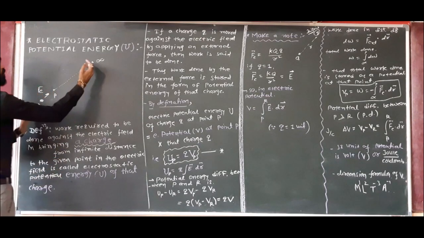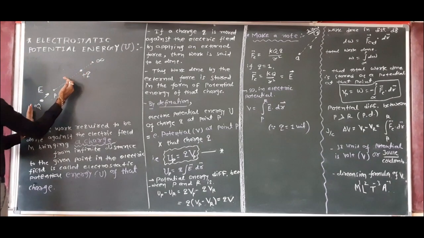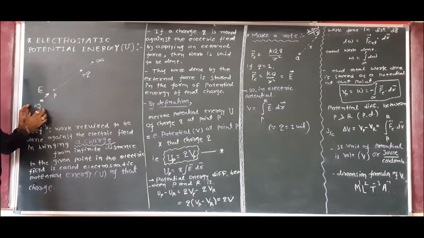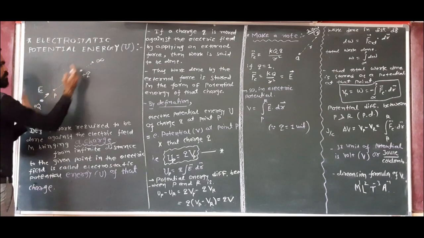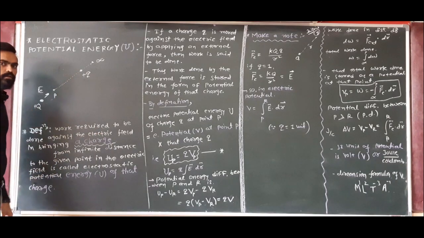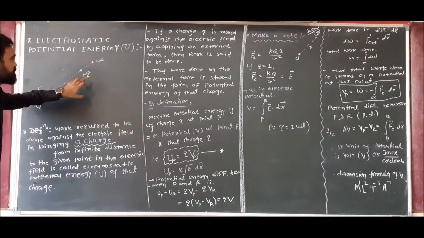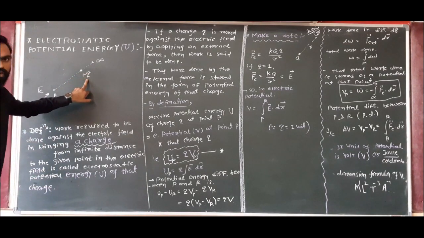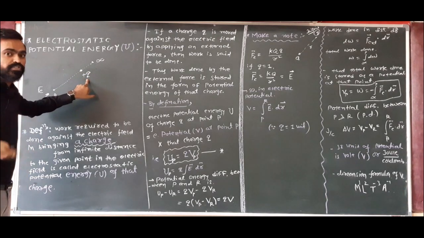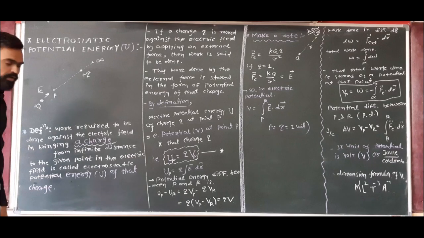That means when you bring this Q closer and closer to the source charge, the repulsion between these two charges will increase gradually. Why? Because the distance is decreasing. Repulsion is increasing, which means the capacity to do work is stored inside this test charge. That means it increases its potential energy as it moves closer to the source charge. Okay.